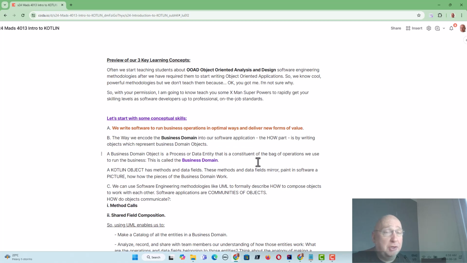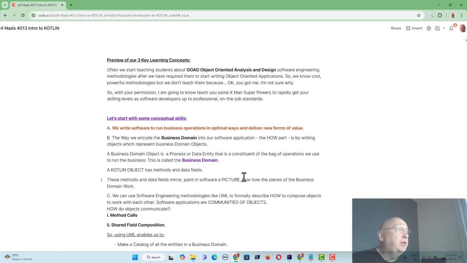We are writing business objects as in object-oriented objects to automate and implement and realize. A Kotlin object and any object anywhere has methods and data attributes, two types of entities, data and methods. These methods and data fields mirror, paint in software a picture of how the pieces of the business domain work and communicate with each other.